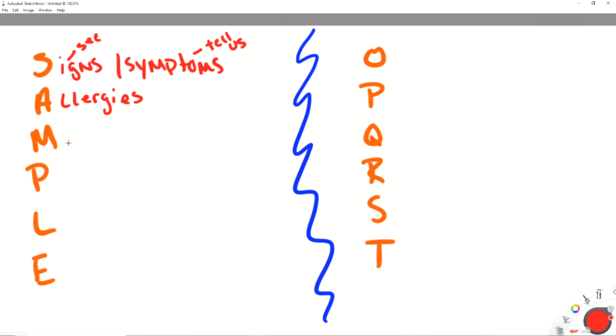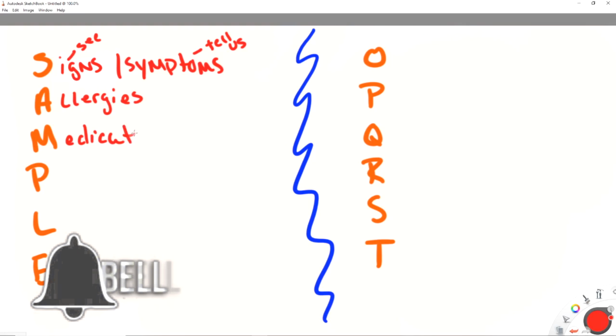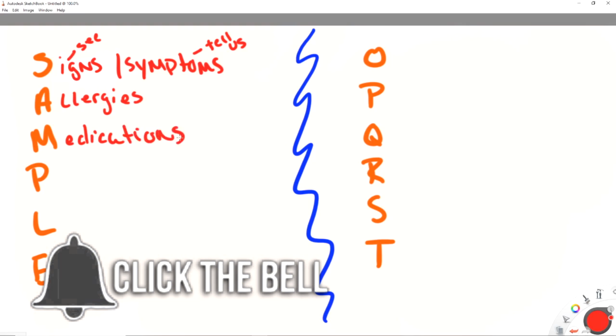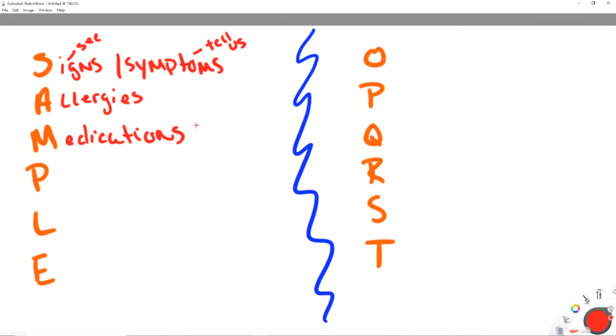So talking about medications, that's M. We want to find out what medications your patients are on, and we want to find out very specific. We want to find out if they're on any prescription drugs, herbal supplements, vitamin supplements, workout supplements, over-the-counter drugs. We want to find out all of those, not just prescription meds.